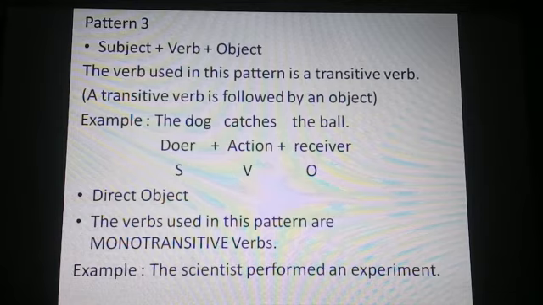So, in these two ways, you can understand the pattern. You can ask the question with what after the verb, or else you can change it into passive voice. If it has an object, it can easily be changed into passive. I hope you have understood both the patterns.